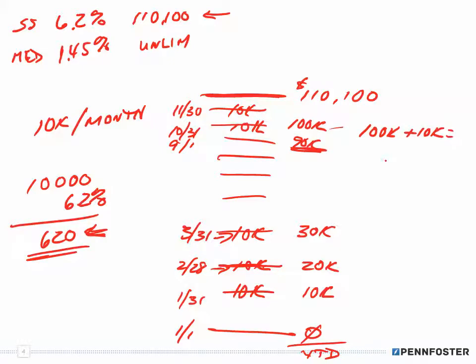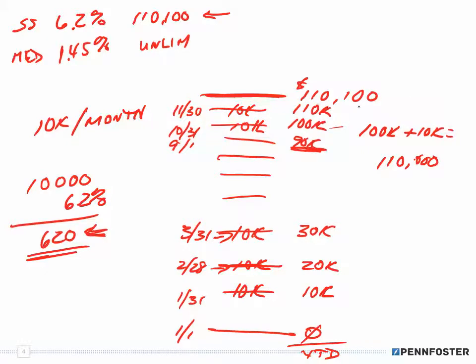That means year-to-date you were paid 110,000. Okay. So that full 10,000 now falls underneath the tax deduction. So you're going to pay the $620 just like you did for all of the previous months. Okay, and your year-to-date wage now happens to be 110,000.